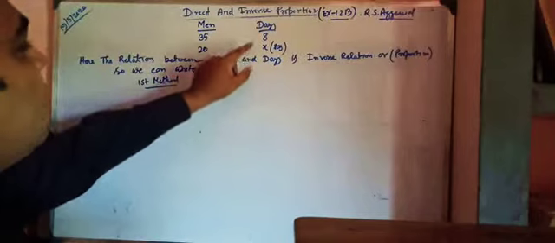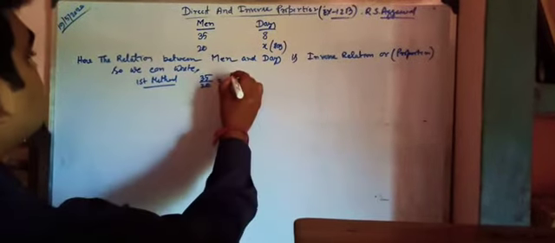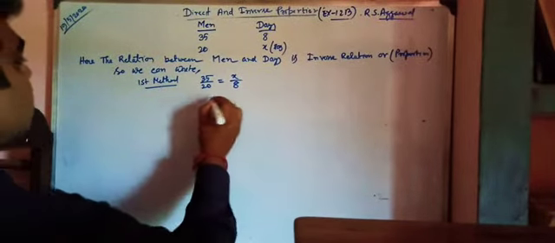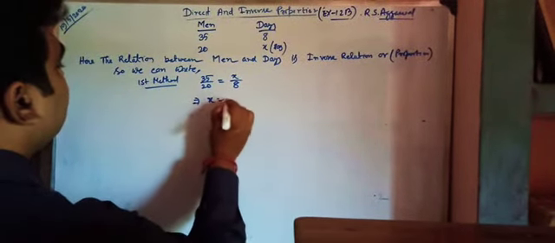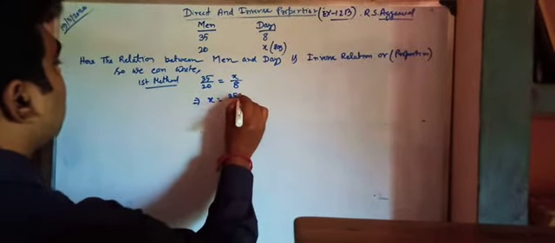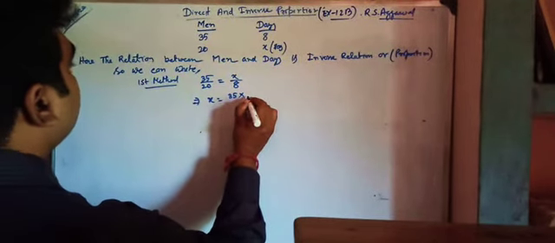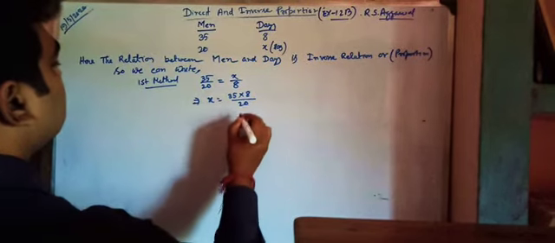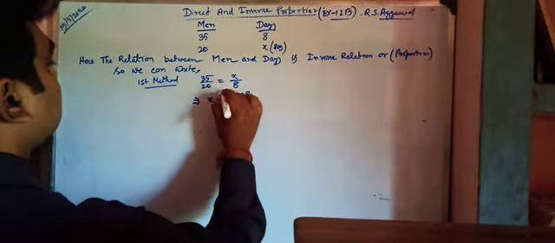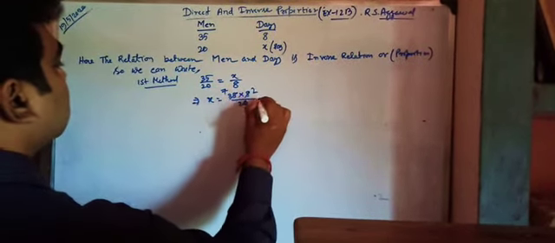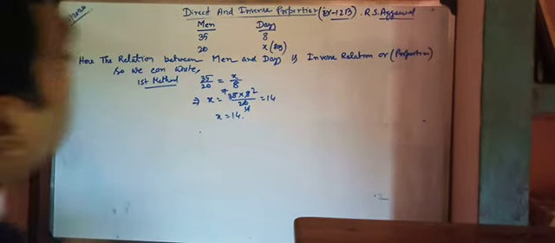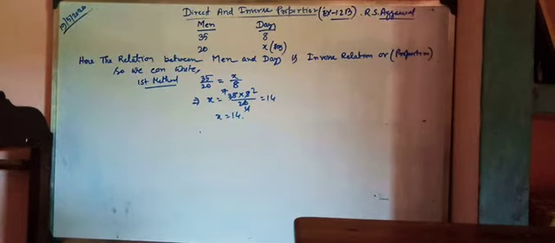In direct proportion we would do 35 by 20 equal to 8 by x, and here it is x by 8. Remember, this is my first method. Okay. So from this, x is equal to 35 into 8 by 20. So x is equal to 14. So this is the first method.